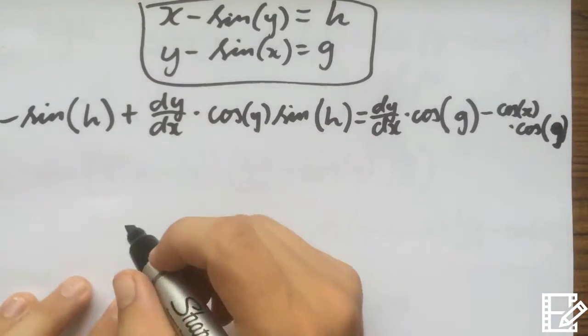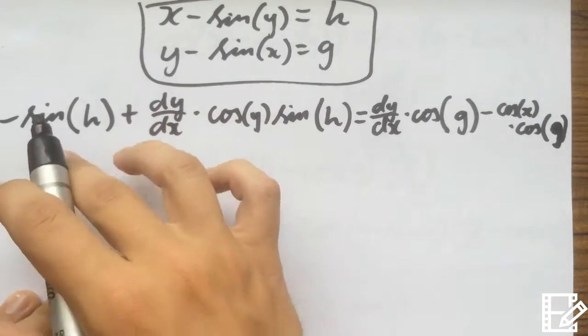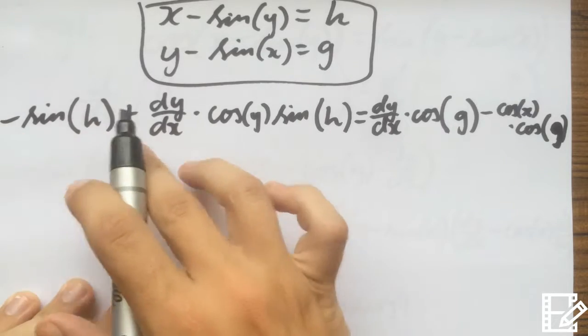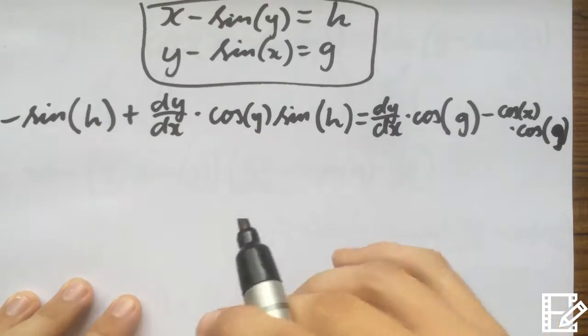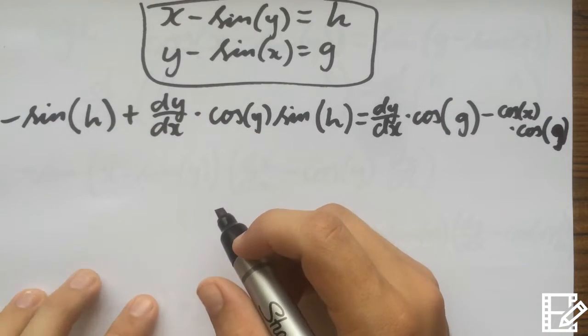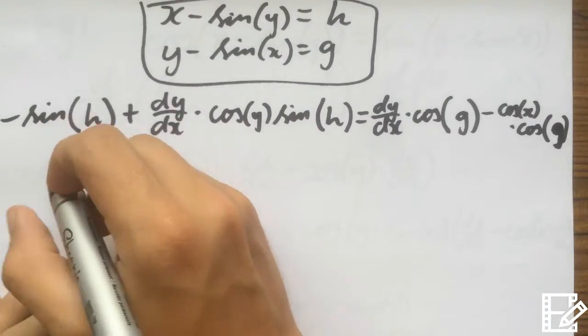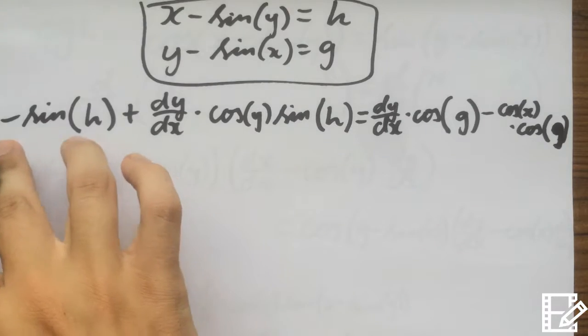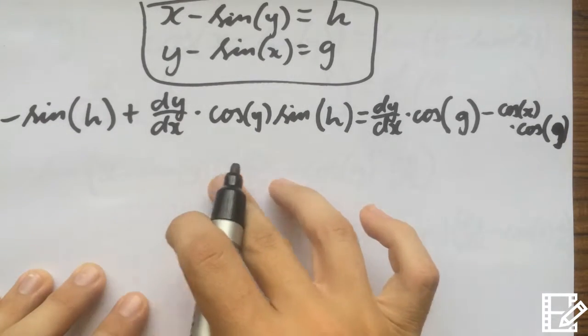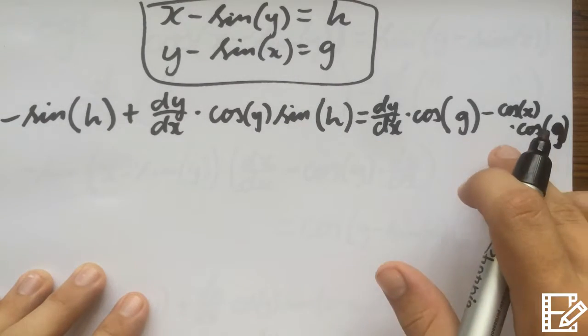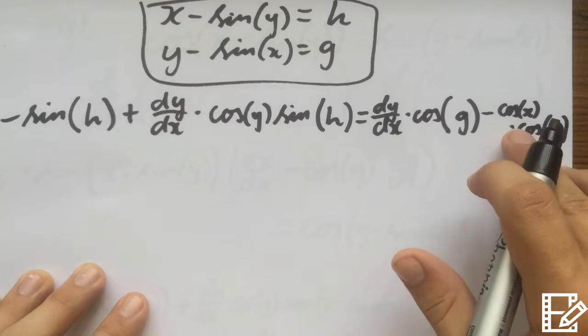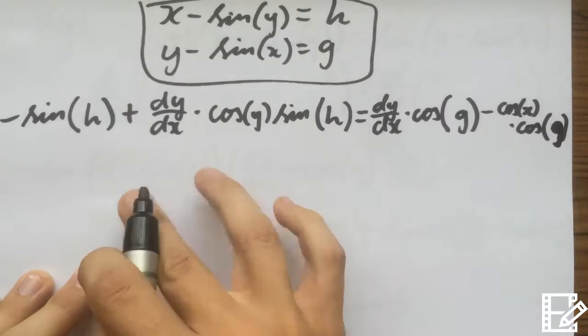But anyway, let's get all the normals on one side and all the dy dx multiples on the other side. Okay. I'm going to keep negative sine h on this side, and I'm going to move negative cos x cos g on this side.